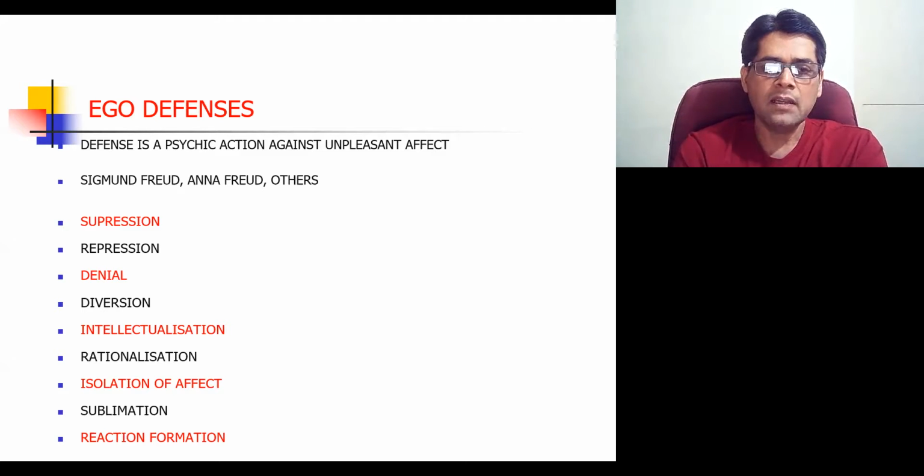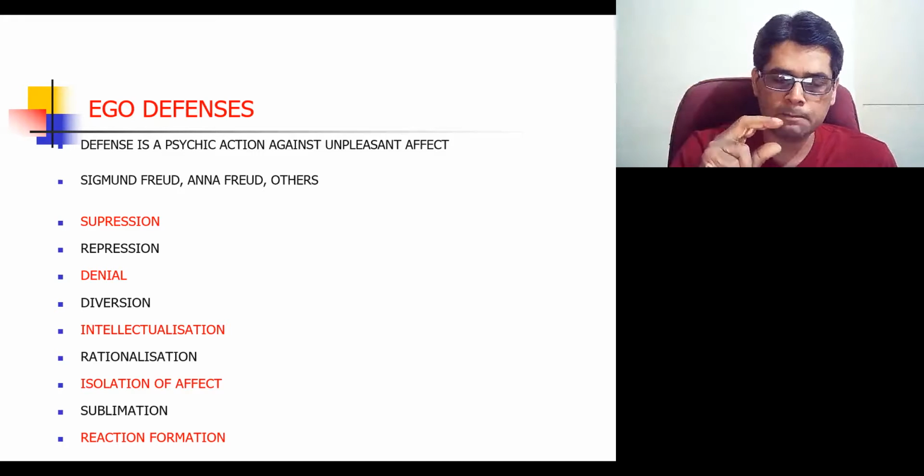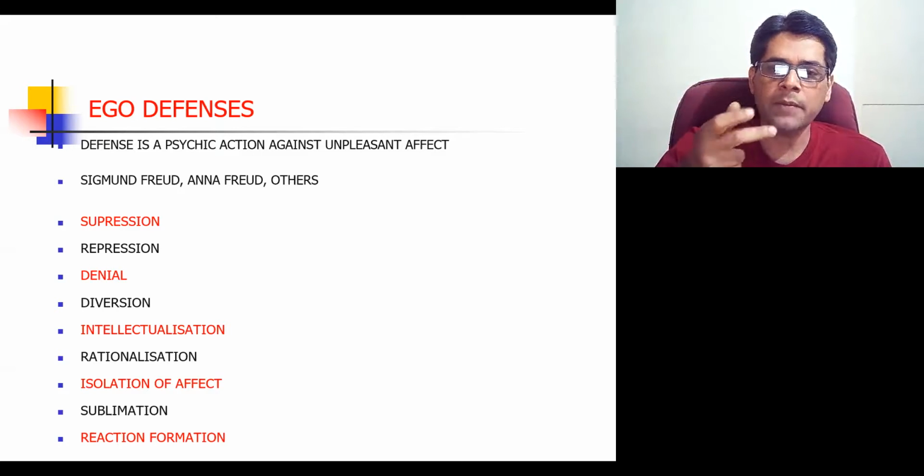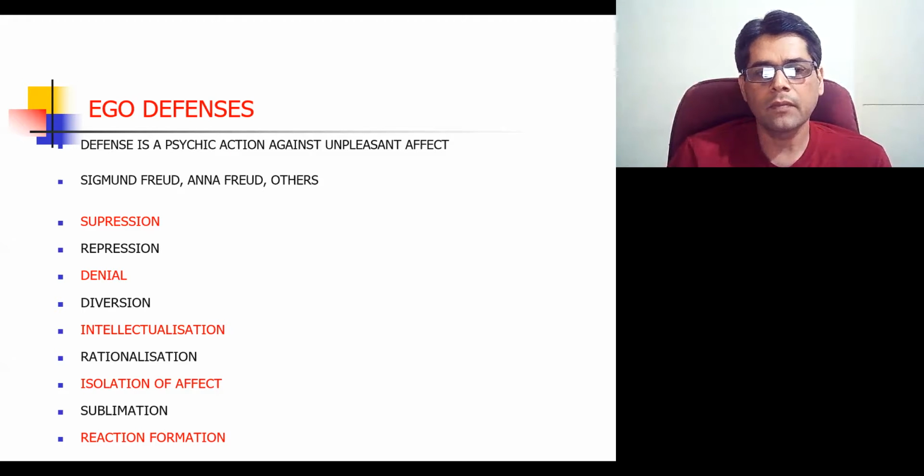What has happened is, after receiving the news of death of somebody close, the pain is so intense that it is unbearable to accept, acknowledge and feel the pain. So the ego uses the reaction formation defense and converts the pain into laughter.